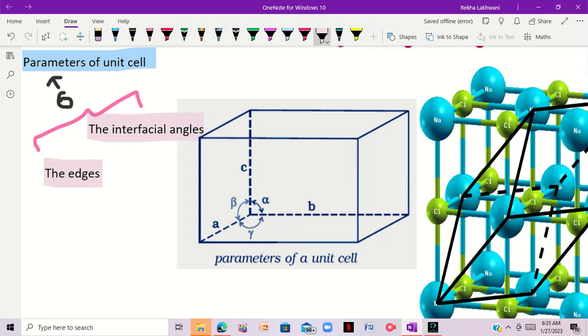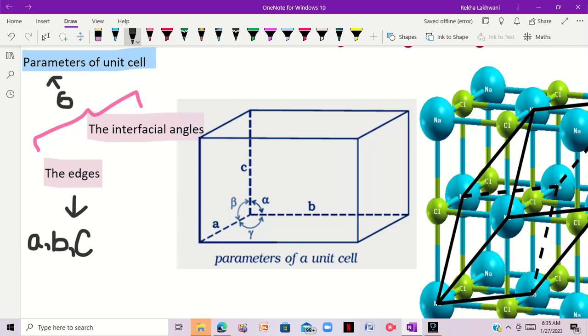So basically we have three edges, which are known as A, B, and C. I'll explain to you guys what these mean.